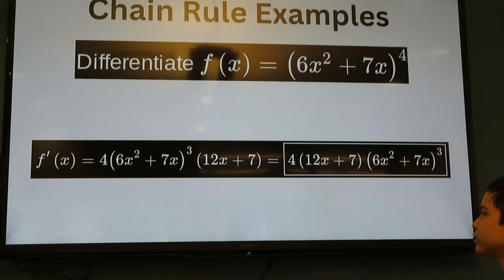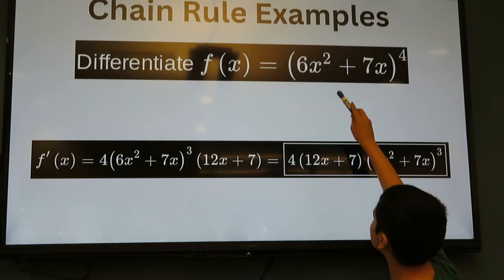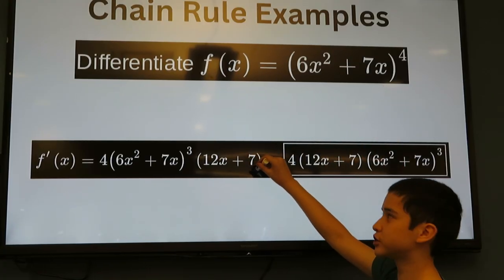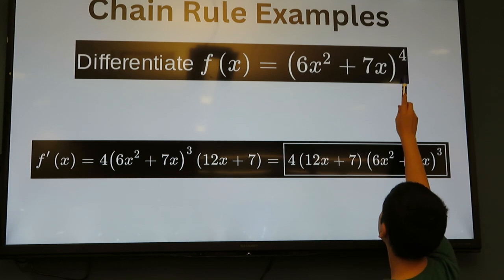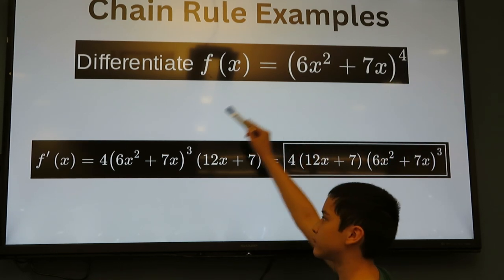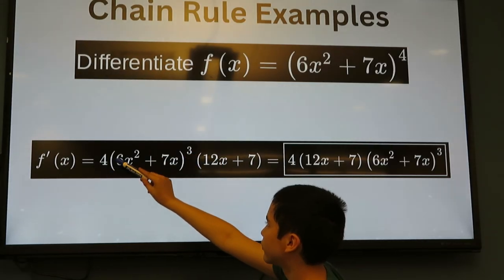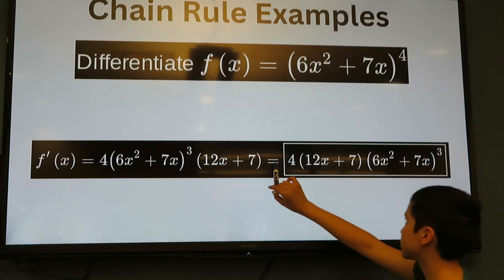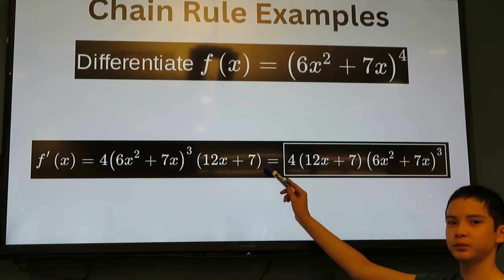So using the chain rule, we take the derivative of this part and put it outside. And we take the derivative of this x to the 4th with respect to this. So we get 4 times 6x squared plus 7x to the 3rd power times this. So that would basically be our answer.